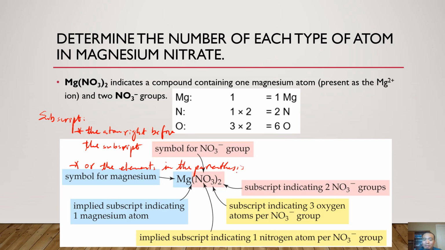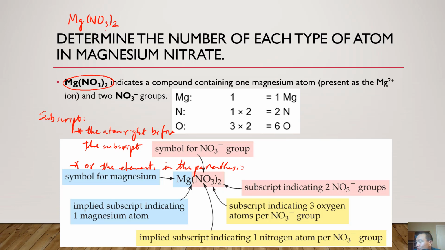So for example, in magnesium nitrate, you see the formula over here, right? I'm going to rewrite this thing. It's Mg(NO3)2. Any subscript can only refer to either the atom right before it or the parenthesis right before it.